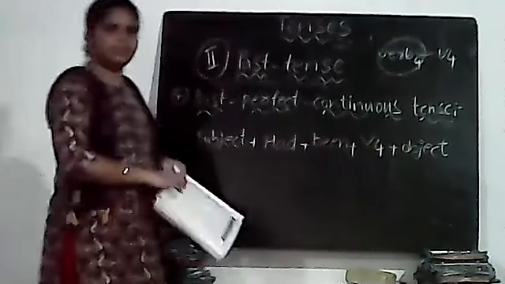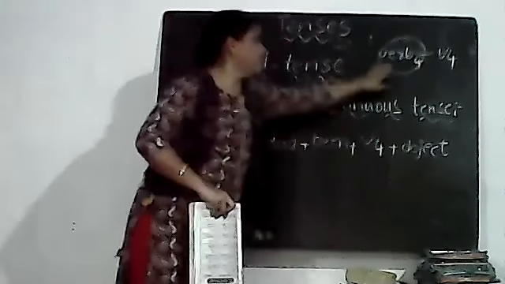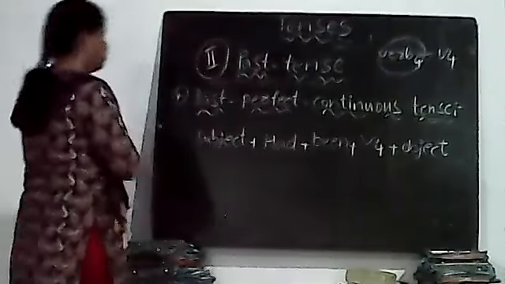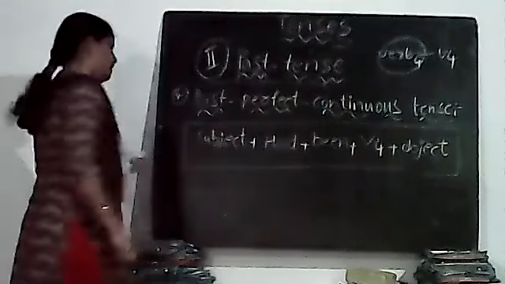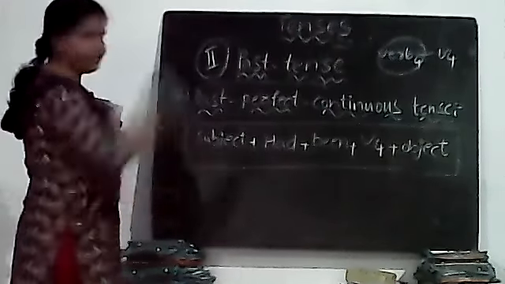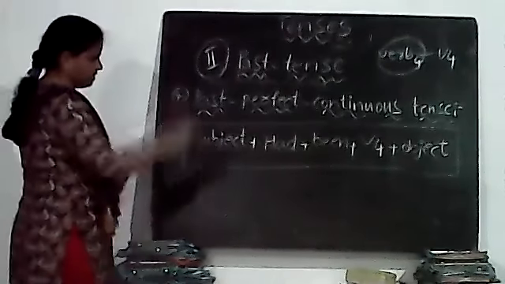So easily I write it: verb 4, like this I write V4. It is not another verb form; I just write verb 4 in short. So this is the structure of the past perfect continuous tense: subject, had plus been plus verb 4, object. So this is the structure form.